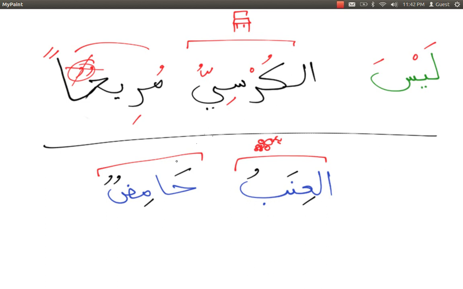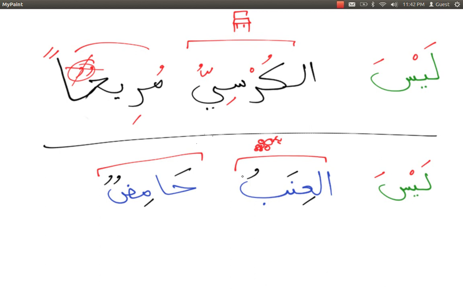Now, how do we negate that? How do you say that the grapes are not sour? Well, in Arabic, as we said, all we need to do is to add the word ليس or ليست to the sentence. And in this sentence, we will choose ليس.